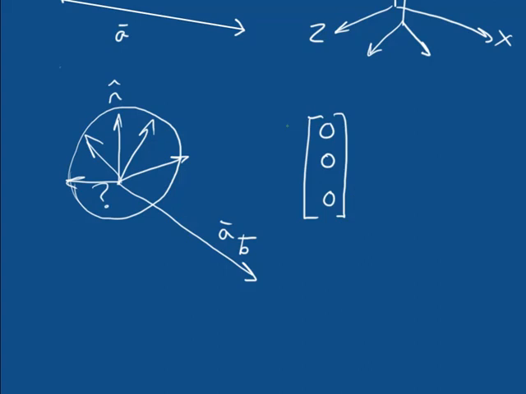Now that's really important and worth keeping in mind, because if we're finding the cross product of two vectors in a computer program, you need to be aware of what happens when those two vectors do become parallel to each other.